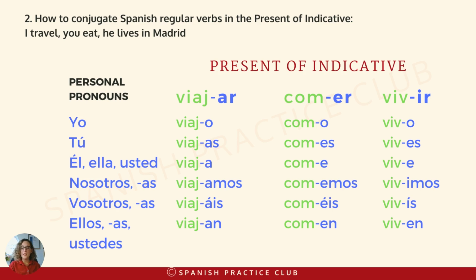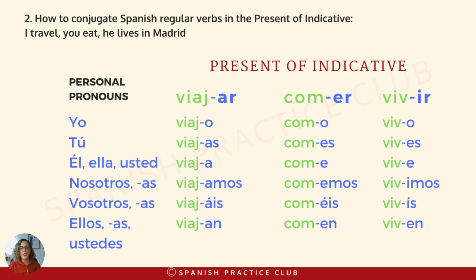So this is the conjugation for the present of indicative in the Spanish language for all of the regular verbs that belong to the first conjugation ending in AR. Yo viajo, tú viajas, él viaja, nosotros viajamos, vosotros viajáis, ellos viajan.